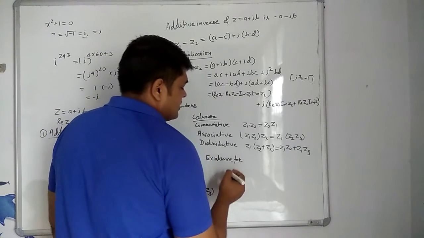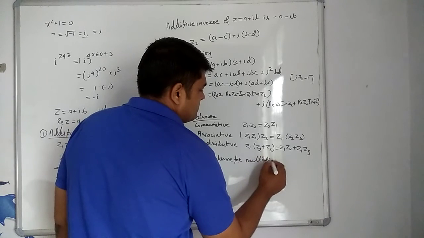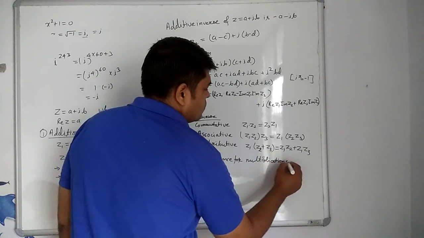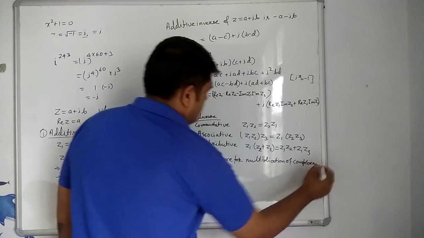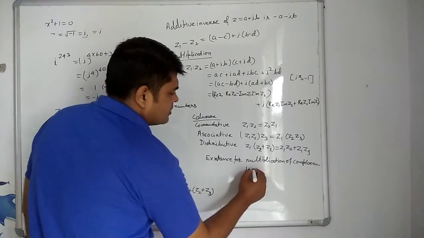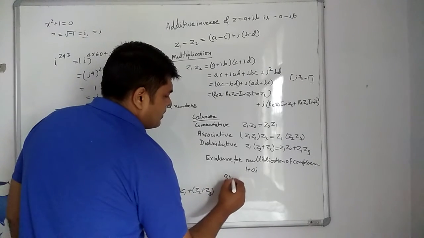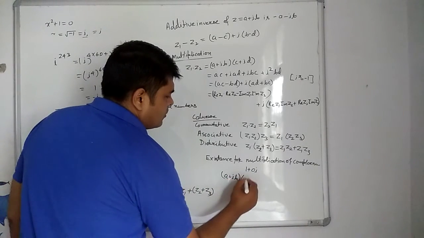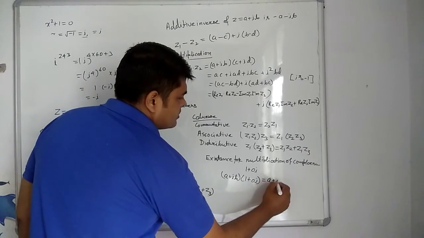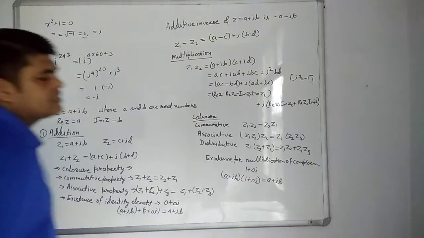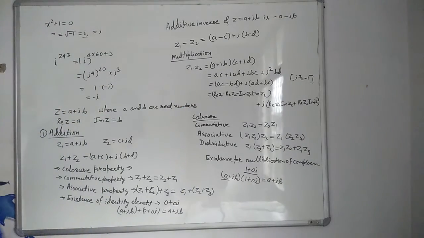What should be the identity element? It is 1 plus 0 iota. Why is it the identity element? Because when you multiply any complex number with this number, you get the same result. The number remains unchanged. So that's why this number is the identity element.